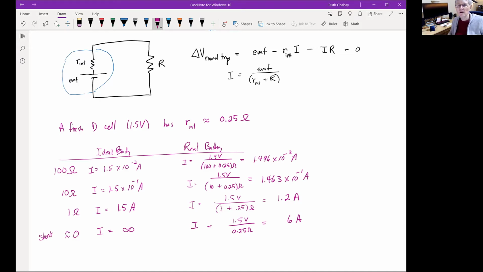So in a problem, if you're not told otherwise, you can assume that you're analyzing a circuit with an ideal battery, and you can neglect the internal resistance. However, if you're told about an internal resistance, or you're asked, then you have to actually take that into account.